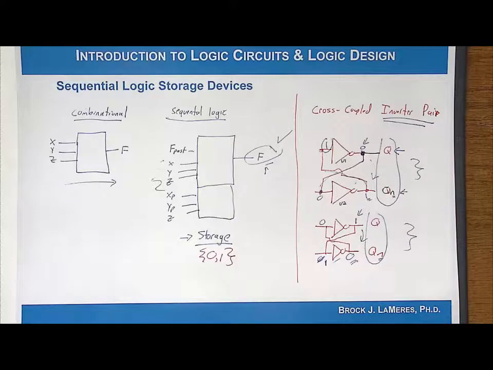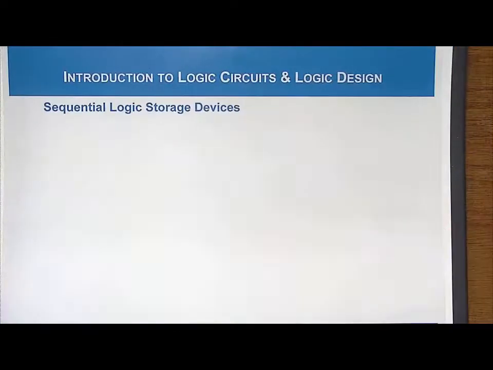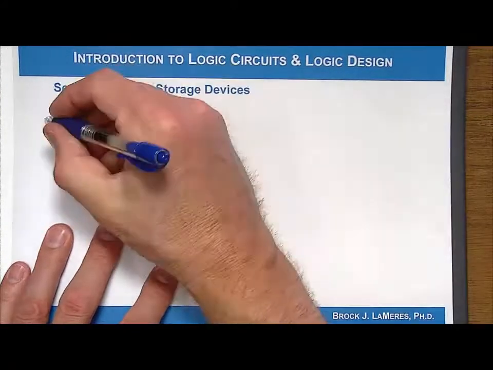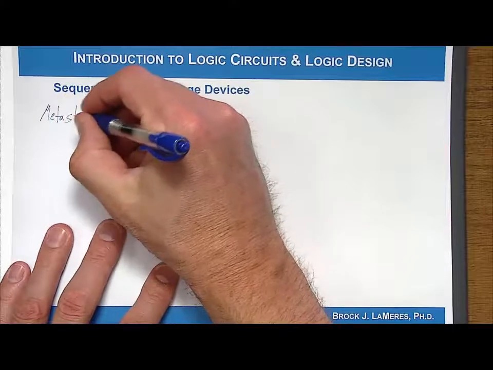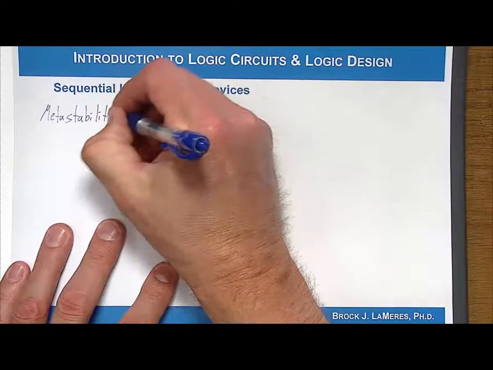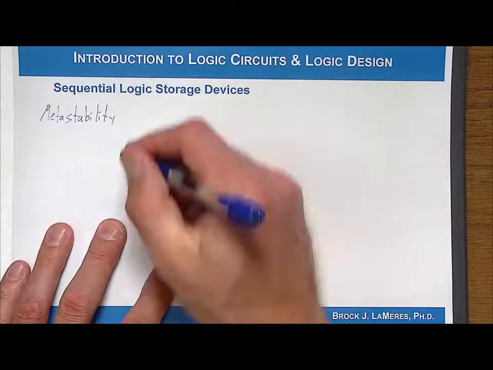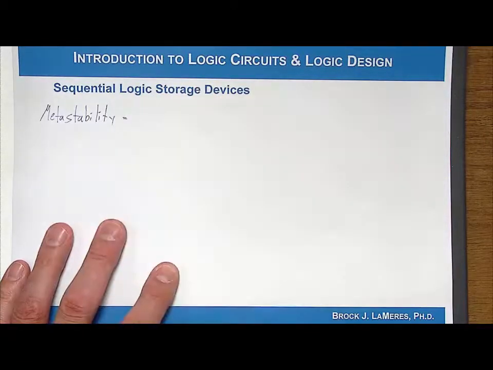Okay, so now let's talk about an important concept when you have positive feedback in a digital system, specifically the cross-coupled inverter pair, and that is this notion of metastability. Metastability is a system which has this built-in behavior that it can exist in an unstable state that's highly unstable as long as it's not disturbed.